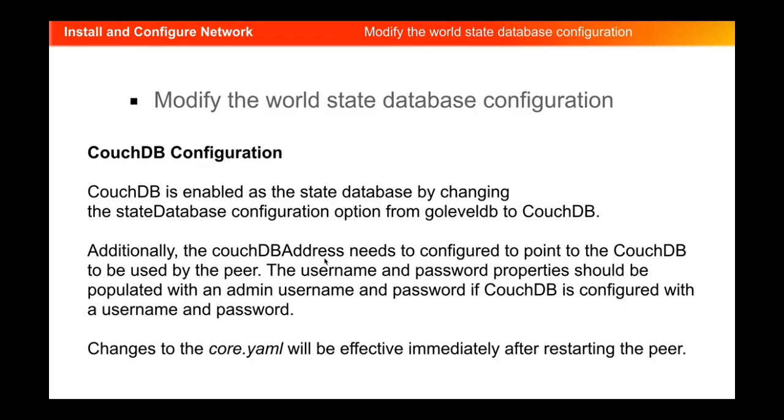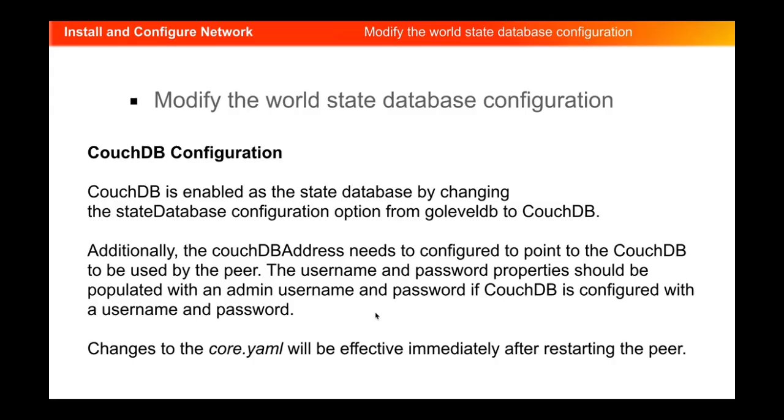Additionally, the CouchDB address needs to be configured to point to the CouchDB to be used by the peer. The username and the password properties should be populated with the admin username and password if CouchDB is configured with a username and password. These changes have to be done in core.yaml and will be effective immediately after restarting the peer.